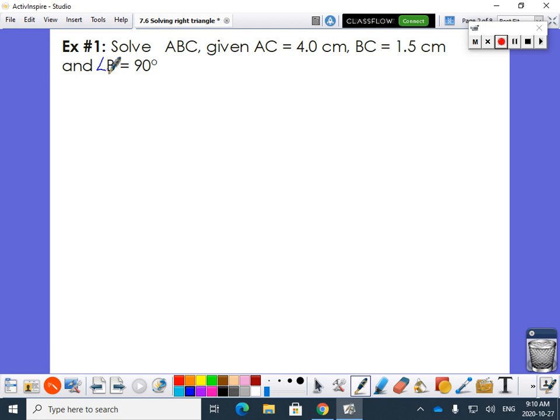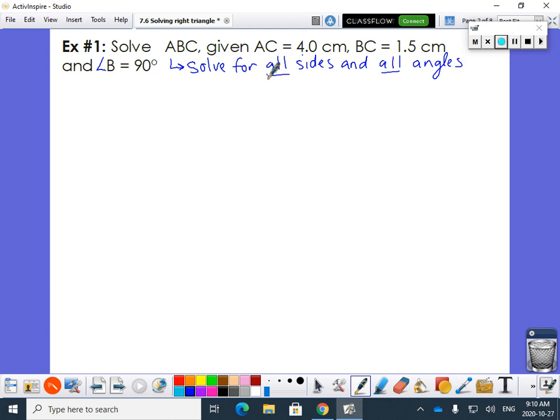So I want you guys to write here, solve for all sides and all angles.